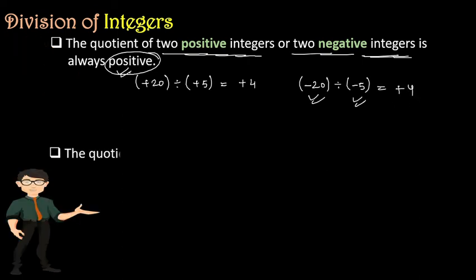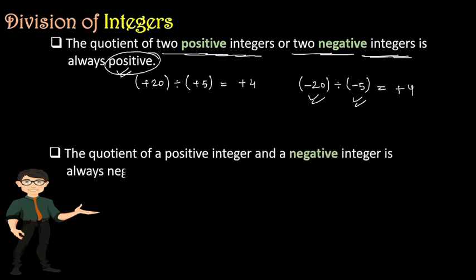Now the second rule is that the quotient of a positive integer and a negative integer is always negative. Let's understand this by an example. Suppose I ask you to divide plus 25 by minus 5. What will be the answer?